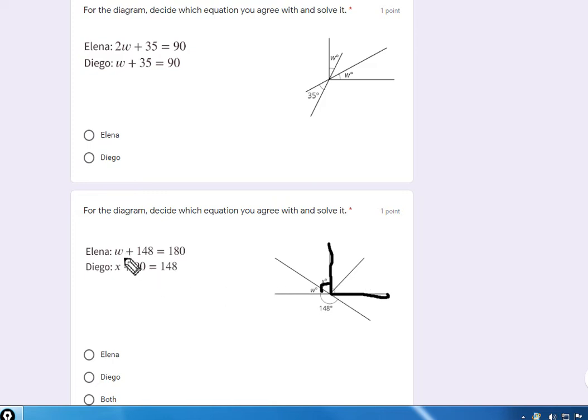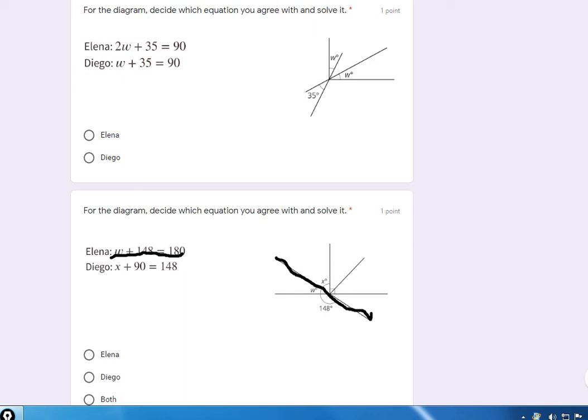We have W plus 148 equals 180, and X plus 90 equals 148. Let me clear this out so we can see. This entire side is a straight line. We know that's 180, so 148 plus W has to equal 180, so that is correct so far.